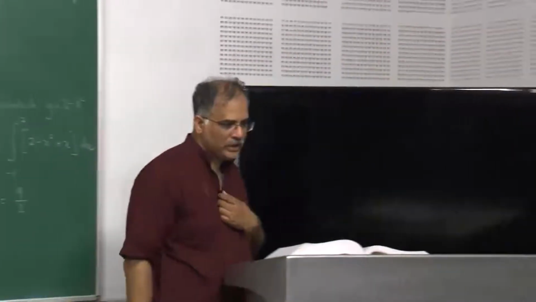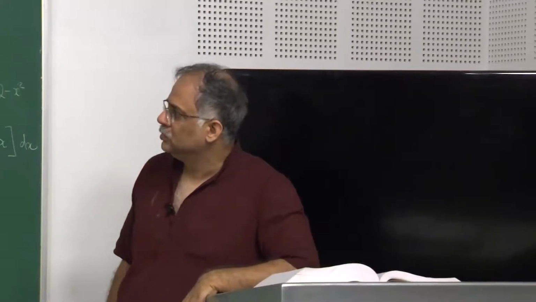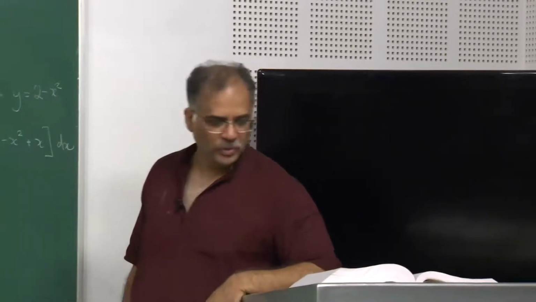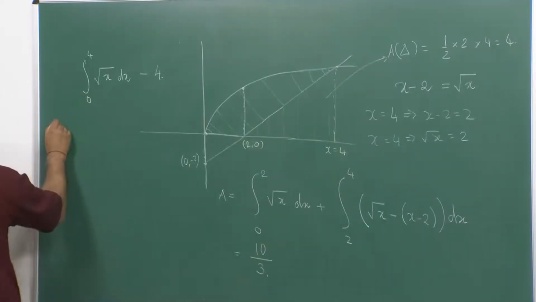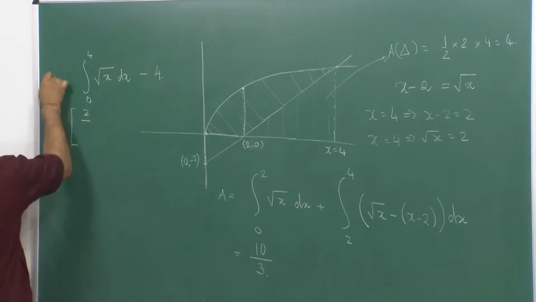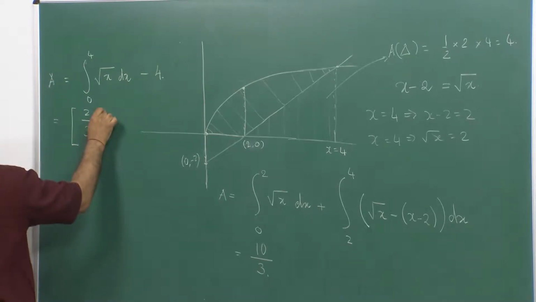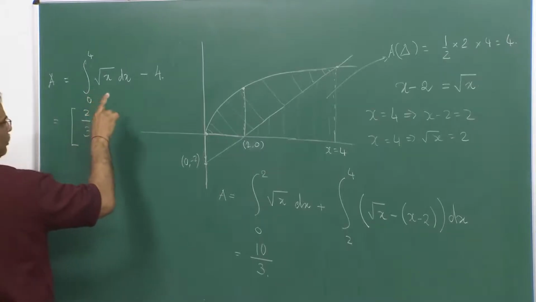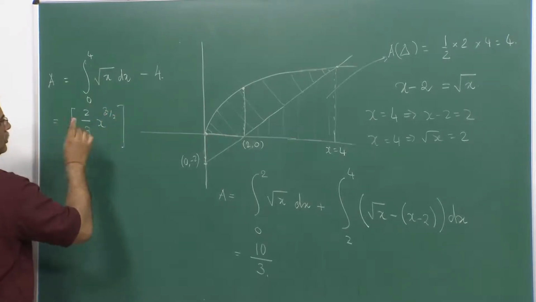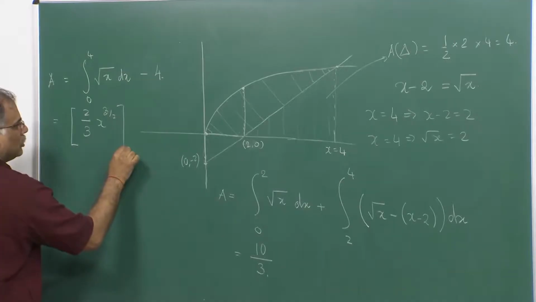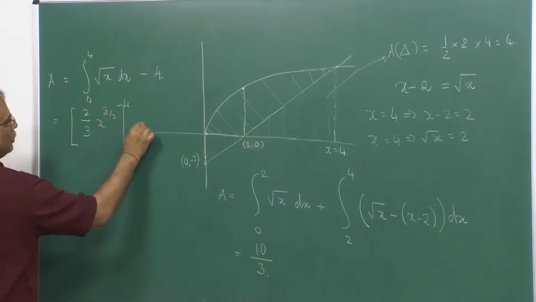If I do root x, it will become 2 into 2/3. Am I doing the correct thing? 0 to 4 means 2/3 x to the power 3/2, half plus 1. So area is equal to 2/3 x to the power 3/2 from 0 to 4 minus 4.